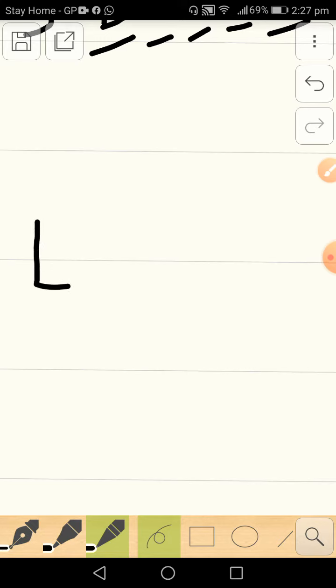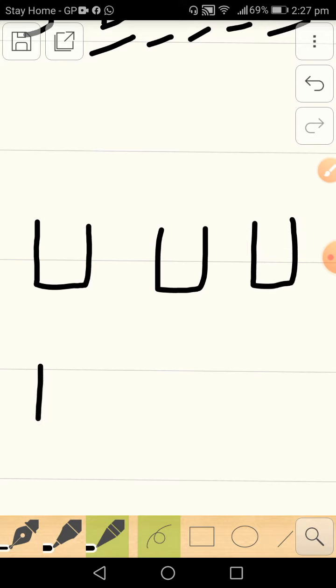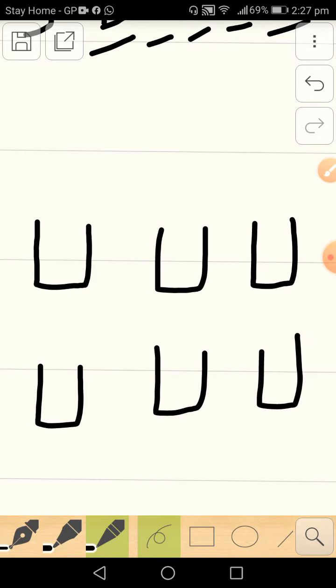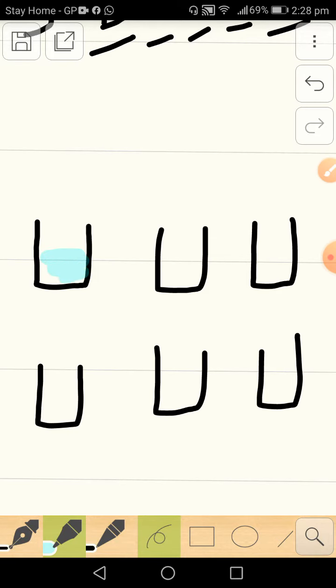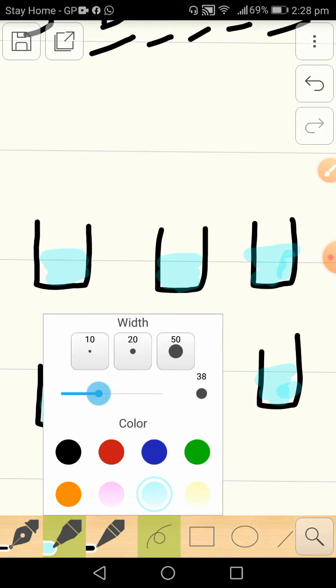I am taking 3 sets of beakers. Here in the beaker we have solution. This blue colored thing is the acid, for example.